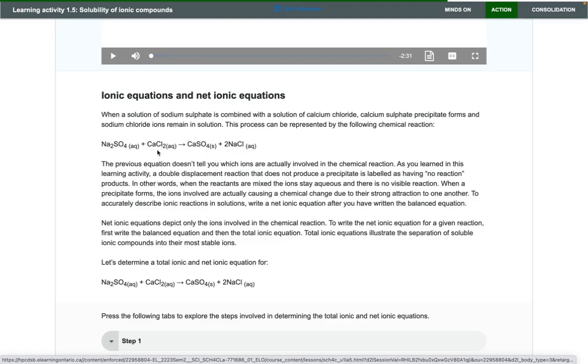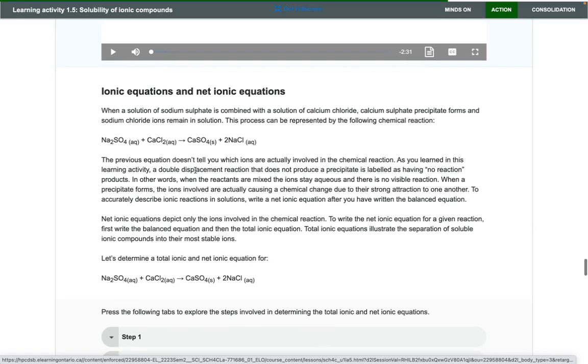Your reactants were dissolved initially, and when we combined them, we formed some more products that were dissolved, but we formed this product that was a solid precipitate. So I really only care about the calcium ion that came right here and the sulfate ion that came from that reactant. Those are the only ones I really care about in this overall reaction.